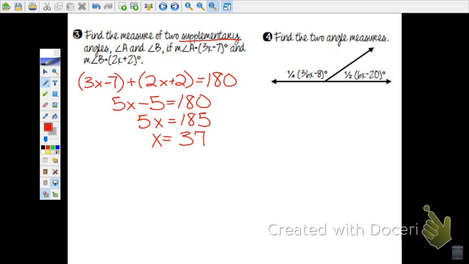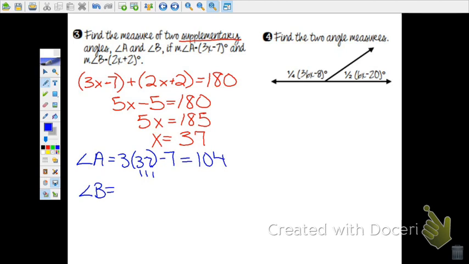But they want me to find the 2 angles. So angle A is 3 times 37 minus 7. 3 times 37 is 111 minus 7 would be 104.